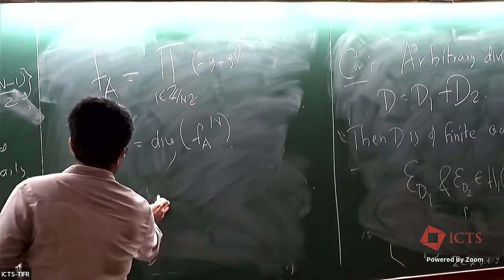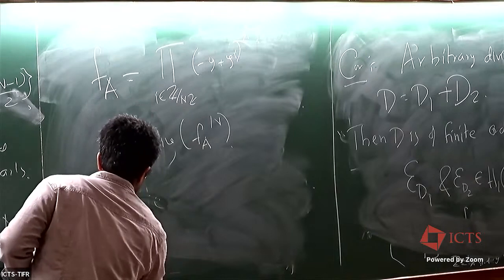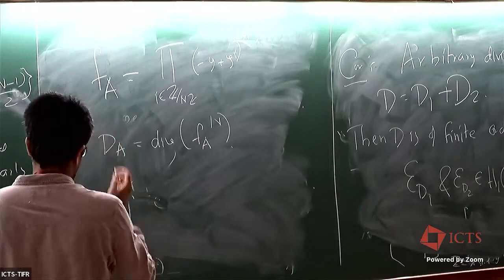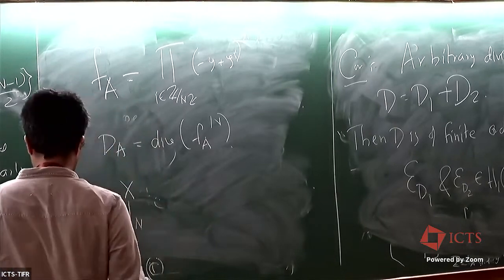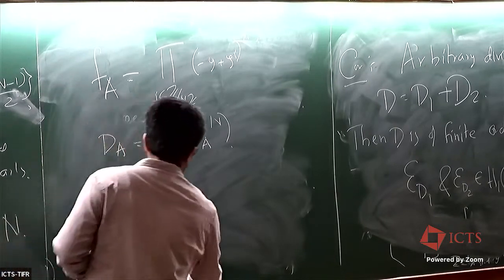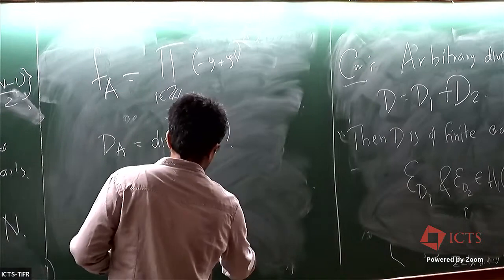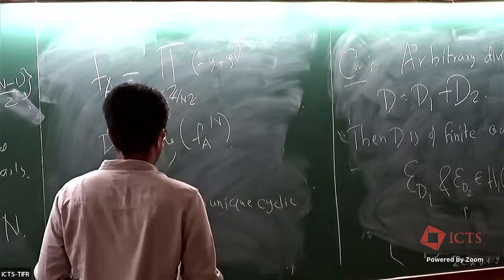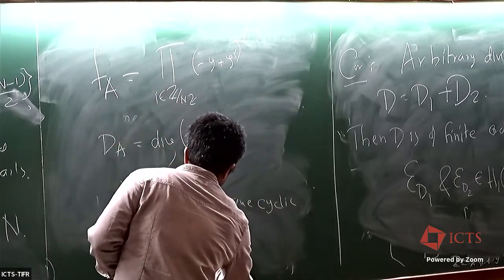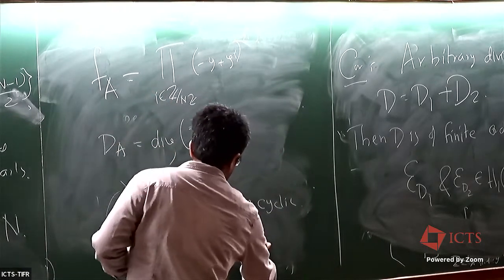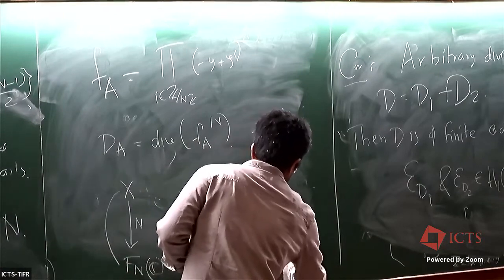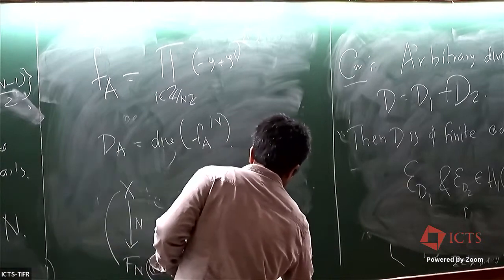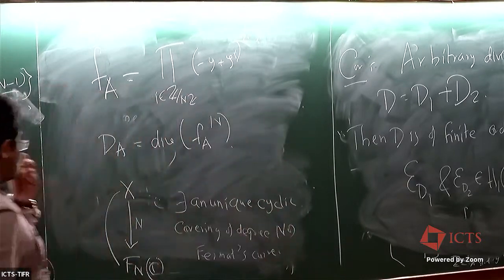So I have this Fermat curve Fn, of degree n, and there exists a unique cyclic covering of degree n of Fermat's curve, and this is our Heisenberg curve.